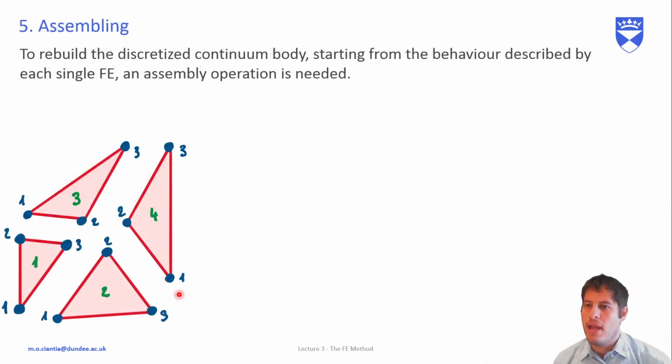Now, once we have the stresses and strains and displacements of our single elements, in fact, we need to rebuild the discretized solution into the full body, okay? And this is done by an assembly operation.